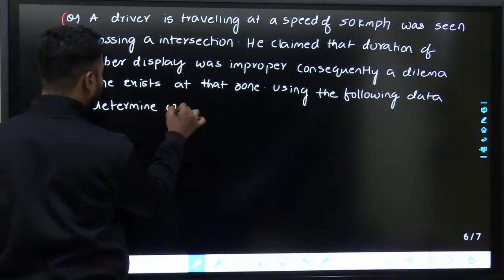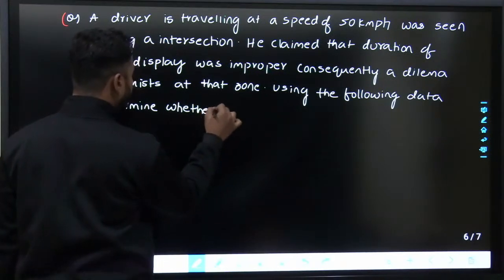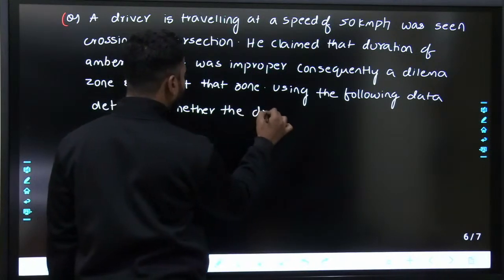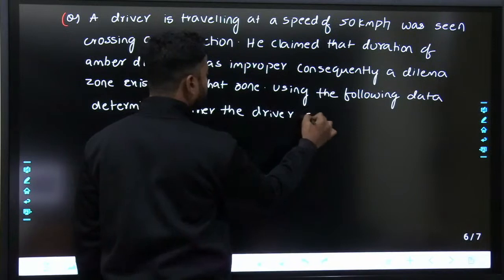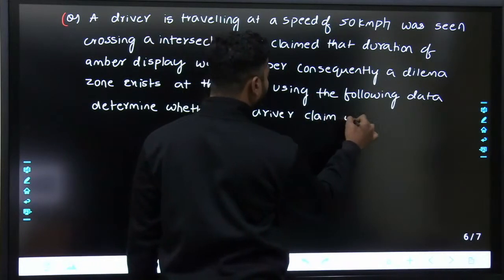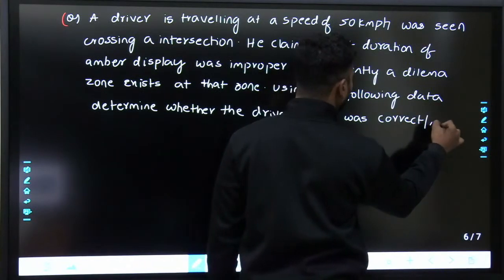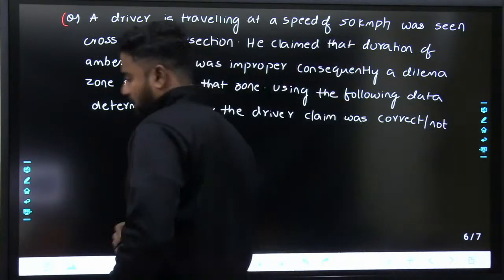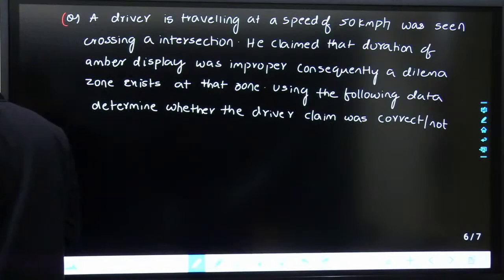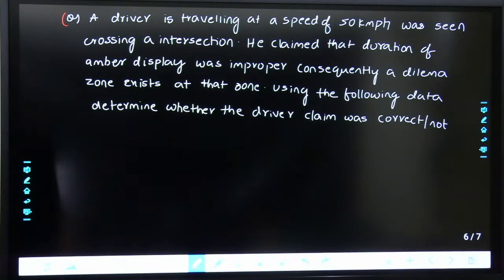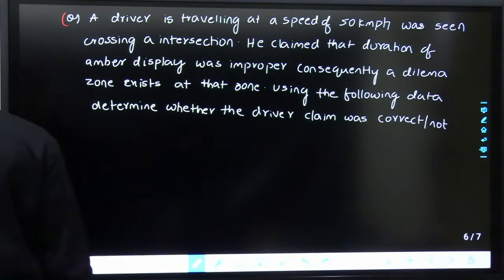Determine whether the driver claim was correct or not. Reaction time is 1.5 seconds, amber time is 4.5 seconds.